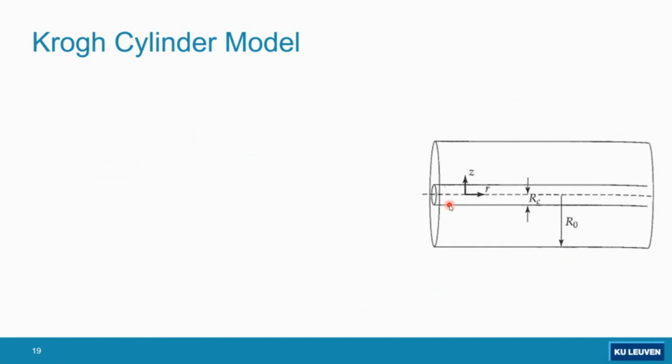It is obvious that the concentration of oxygen is 0 when R equals R0, and when R equals RC, the concentration is C of RC, the amount of oxygen that the vessel, that is the tube in this simplified model, will provide for the tissue.